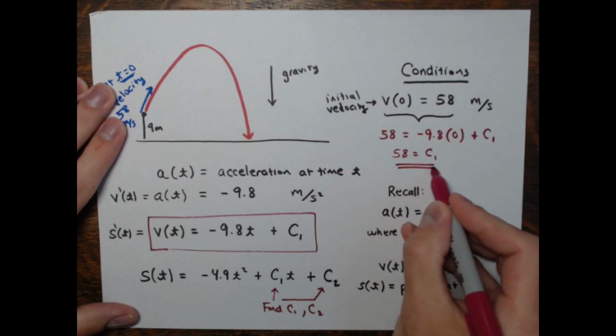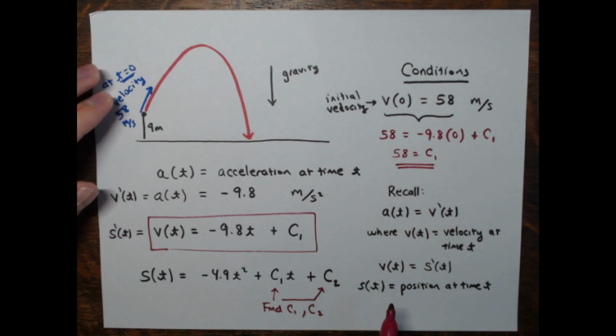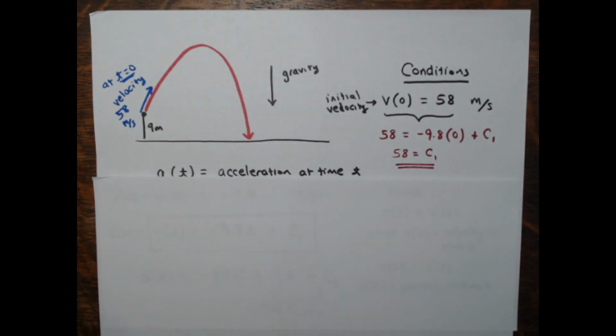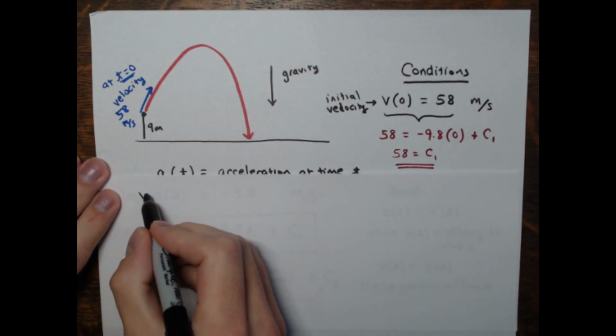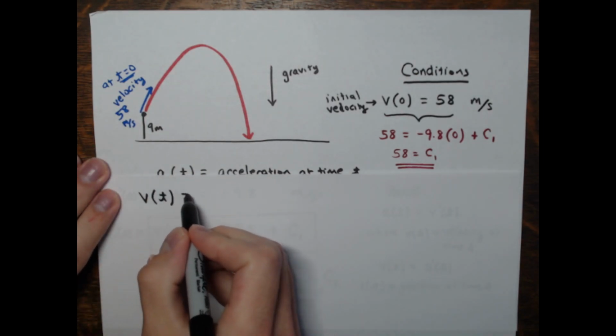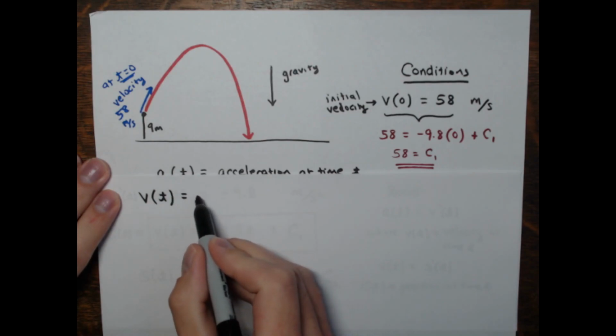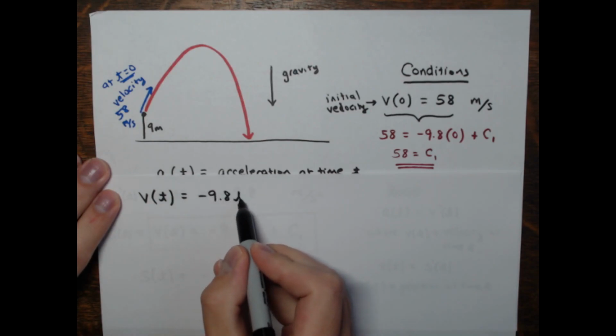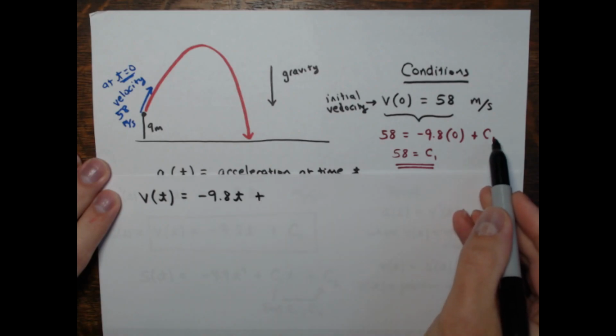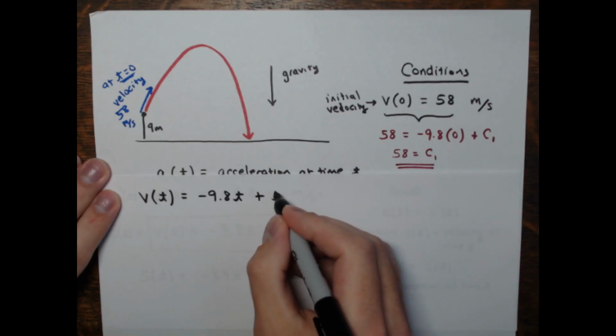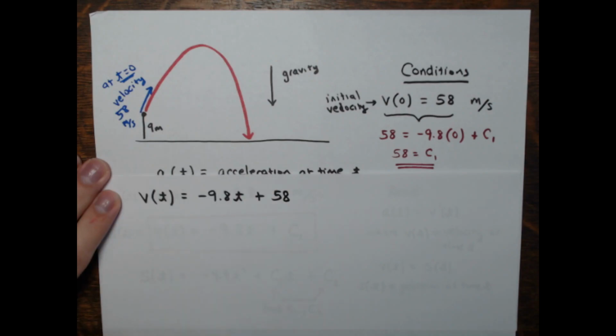So I have the value of that first constant. So I can write my velocity function. Velocity at any given time for this rocket is going to be negative 9.8t plus c1, which I now know is 58 based on the given condition.